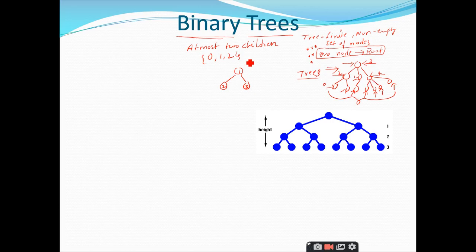But in binary trees, every node can have at most 2 children. So when you draw the child towards its left-hand side, we call it the left child, and the node that exists on the right is called the right child. So we give names to the child nodes in binary trees, left child and right child.